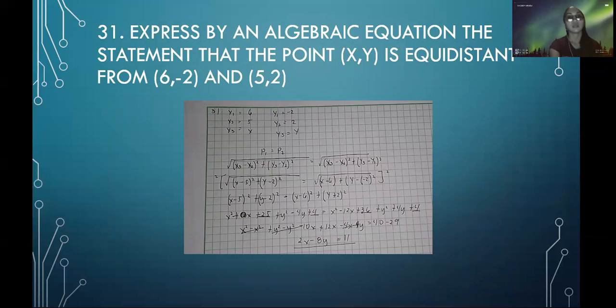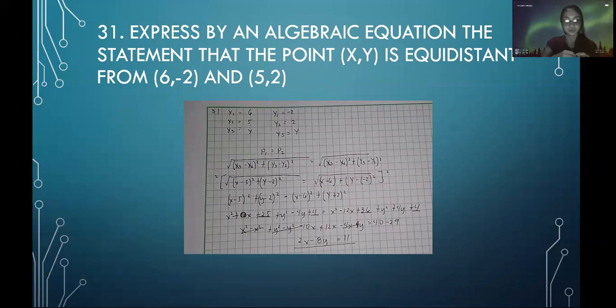Number 31. Express by an algebraic equation the statement that the point x, y is equidistant from 6 and negative 2, and 5 and 2. So given is x sub 1 is equal to 6, x sub 2 is equal to 5, x sub 3 is equal to x. Then y sub 1 is equal to negative 2, y sub 2 is positive 2, then y sub 3 is equal to y.